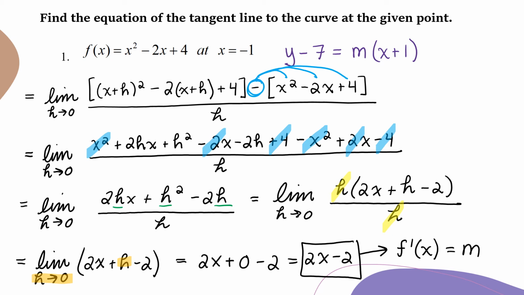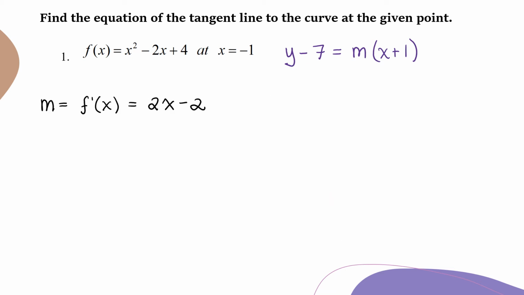So all that's left now is to find that slope specifically at x equals -1. So we found our derivative, that m is equal to f prime of x, which is equal to 2x minus 2. Now we just need to find the specific slope at x equals -1.